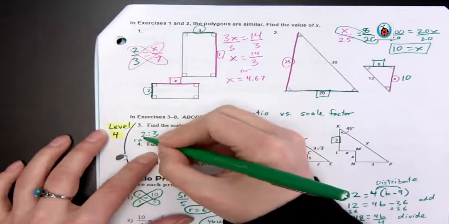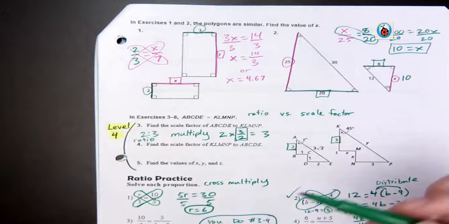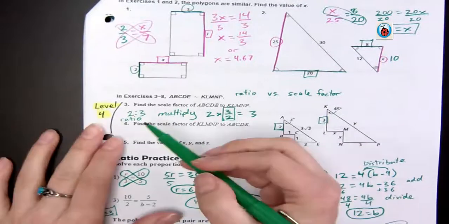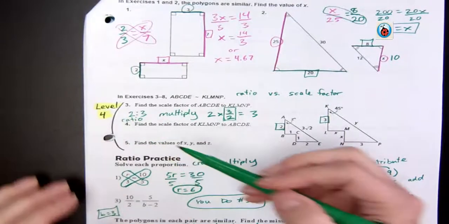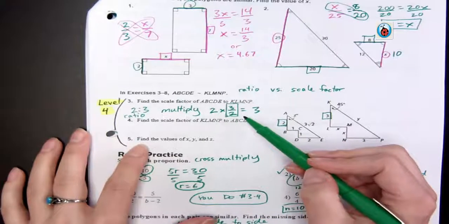So we're going to call this ratio, because sometimes those terms are interchangeable, but for the purposes of this lesson, ratios are when we're doing this or we're setting up our proportions like this. Scale factor is what you multiply it by.